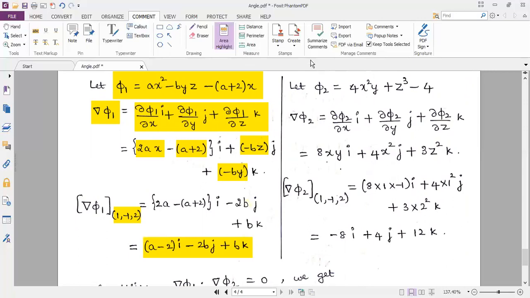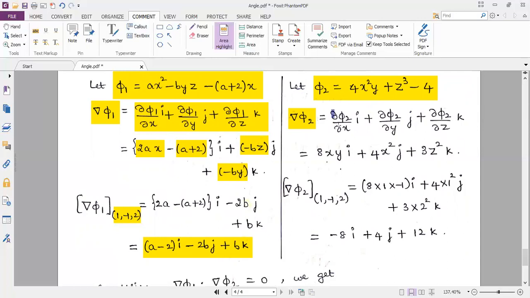Similarly, let us consider the second surface, φ2 = 4x²y + z³ − 4. The formula for grad φ2 is ∂φ2/∂x i + ∂φ2/∂y j + ∂φ2/∂z k. Let us differentiate φ2 partially with respect to x, y and z.